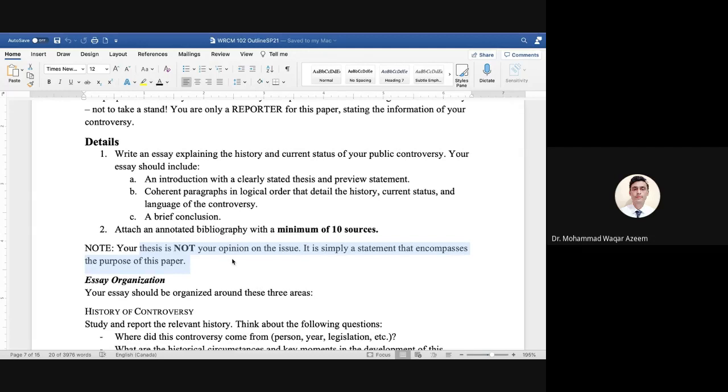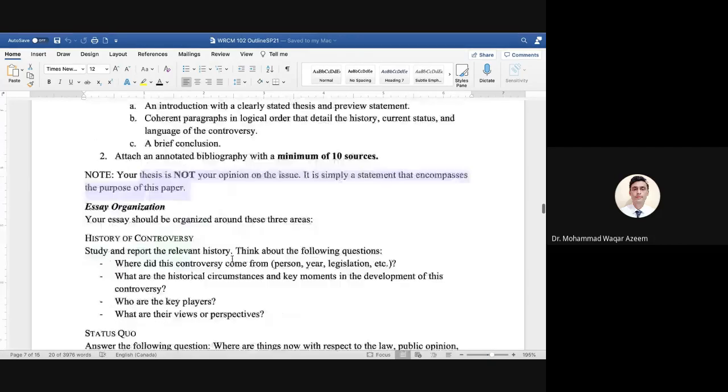Instead, you should say in the thesis statement of a controversy analysis paper that this paper deals with the controversy raised by the approval, or the sanction, or the passage of the 18th Amendment in Pakistan. You can give a little more detail as well in terms of date and year when it was approved, right? So it is a statement that encompasses the purpose of this paper.